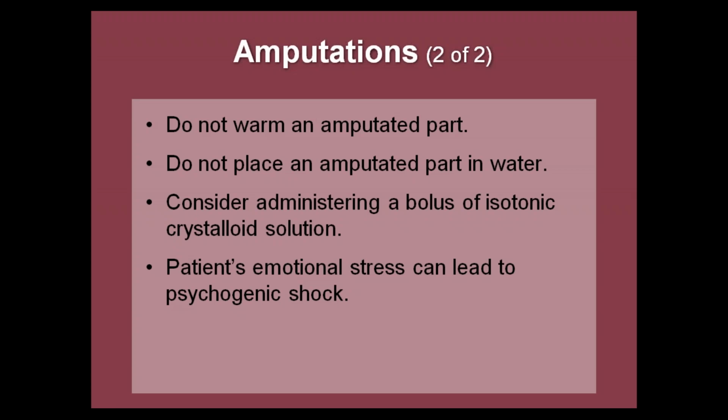Patients' emotional stress can lead to psychogenic shock. So this is where you need to really communicate, reassure that patient that they're in good hands. Talk to them calmly. Reassure them that you're going to get them to the hospital, to that next level of care, and just help them focus on breathing, staying relaxed.